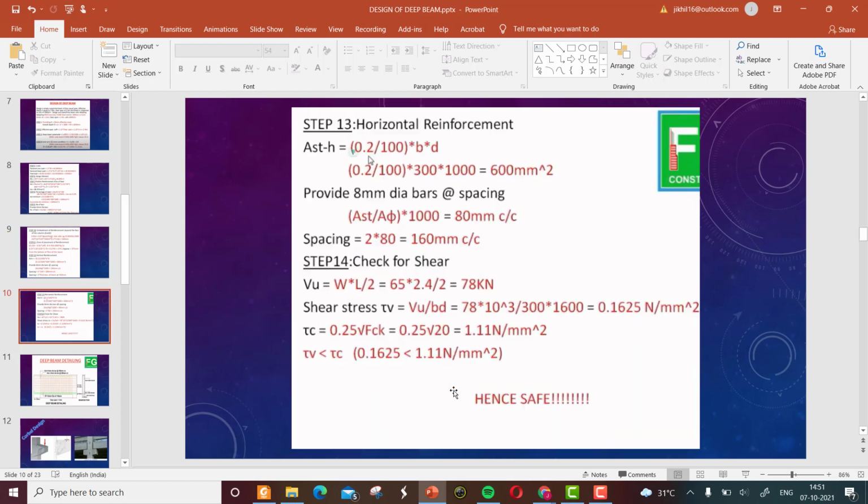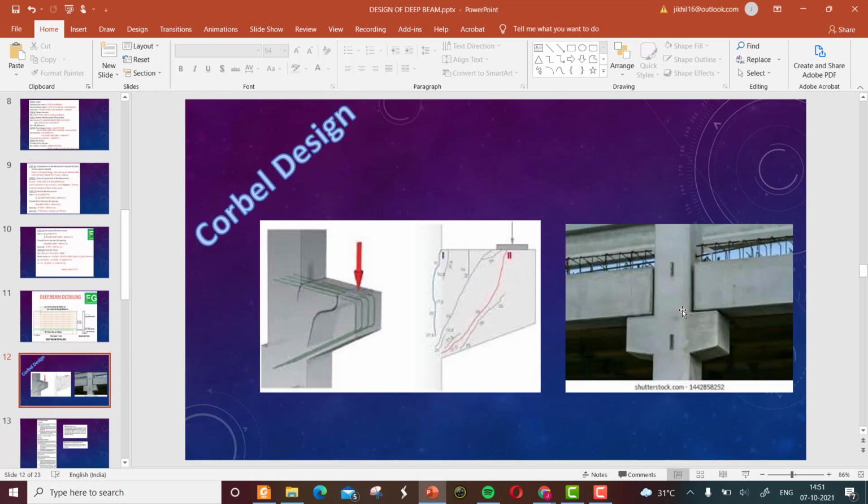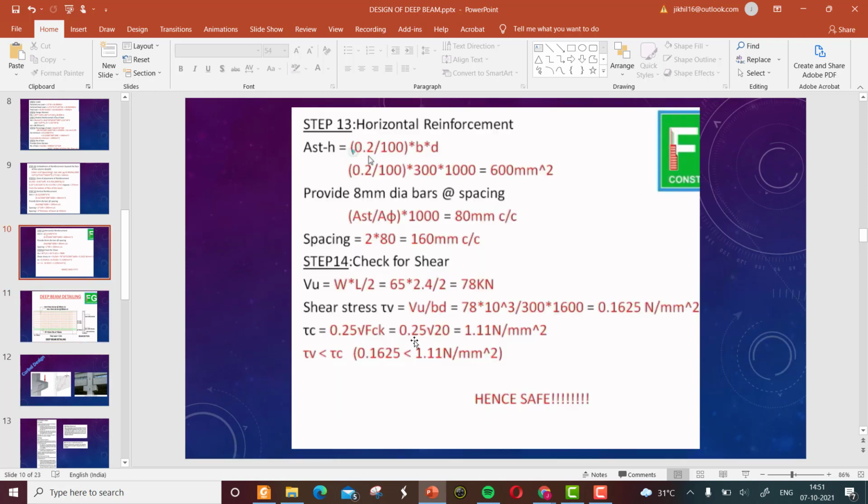Also the Ast vertical 8 mm diameter bars and the Ast horizontal rebars, which you can see as the dots in this cross section, are also 8 mm diameter bars of 160 mm center to center spacing.